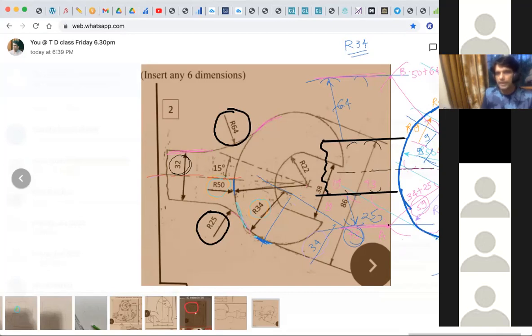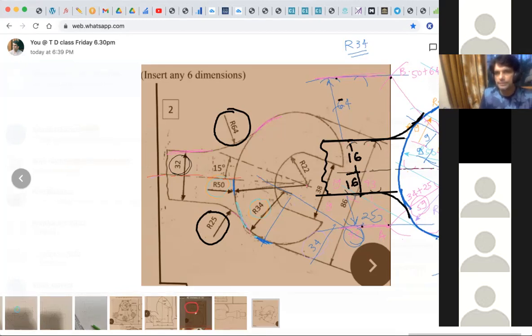So from A you will draw this curve, and from B we'll draw this curve. Then we are done. Understood? All of you understood how to draw this? First, you draw a horizontal line, and they have given 32. So you take 16 up and 16 down. Then from here you go up by 64, draw a line. From here you go down by 25, draw a line.